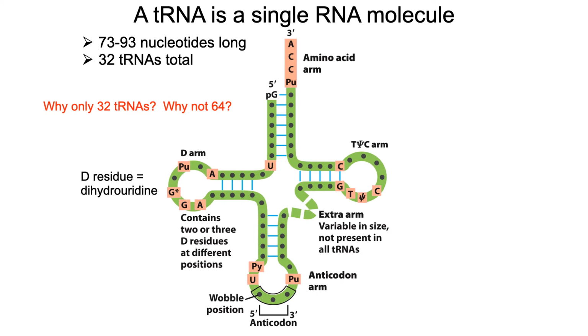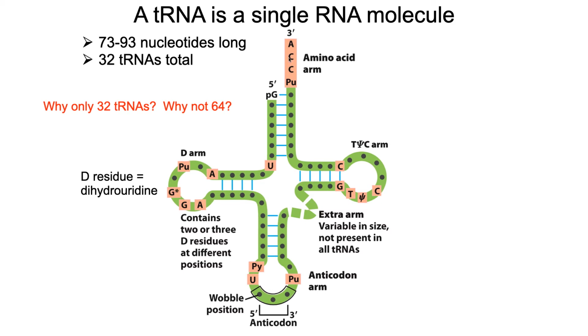Now, transfer RNAs are about 73 to 93 nucleotides long. Like all RNAs, they are transcribed from a gene within the DNA, and then many of them are post-transcriptionally modified. That's where you see these strange looking bases here and here and here, for example.